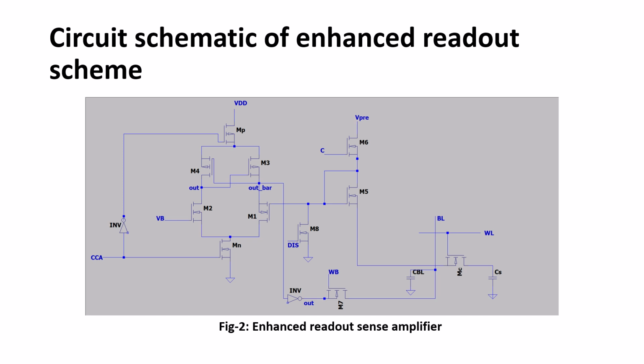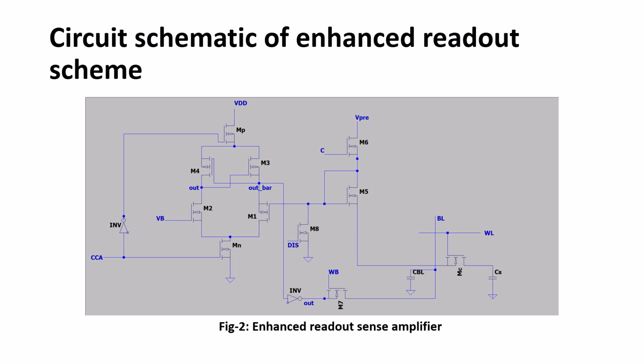Now we turn on this control signal to some value such that this V precharge is potentially 1.2 volts and this MOSFET is going to be turned on. After that we assert this word line such that there is a path between the CBL and CS node capacitances.